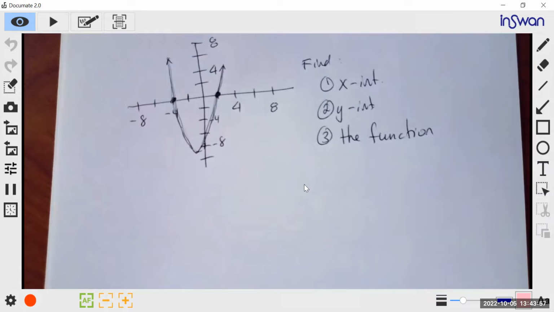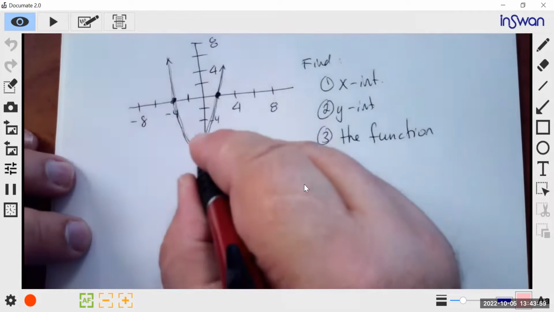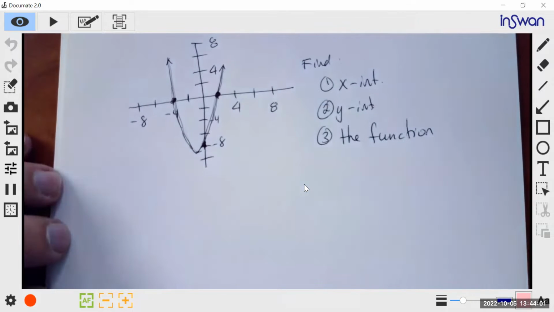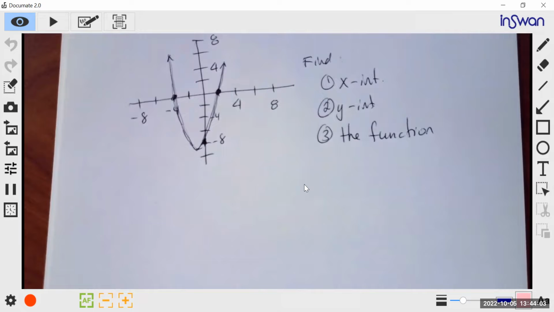So here's a graph. It's supposed to cross there. Find the x-intercepts, the y-intercept, and the equation of that graph. How can we do that? So what are the x-intercepts so far?